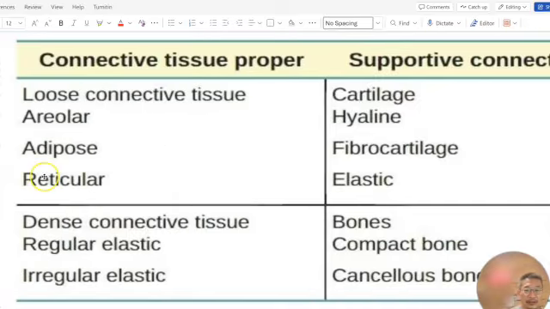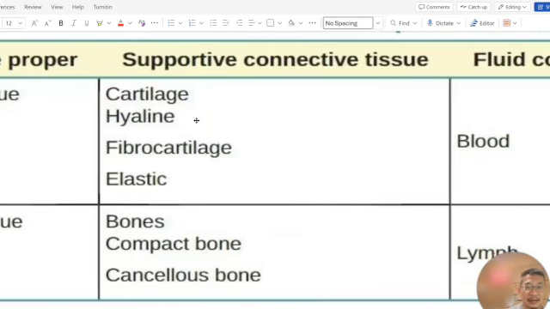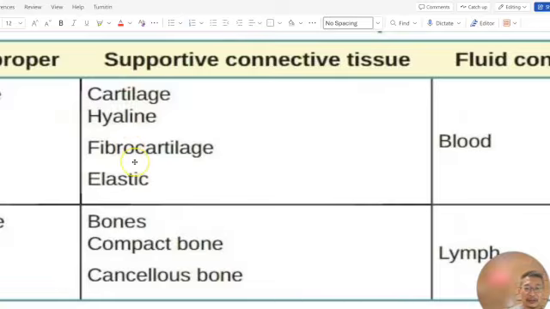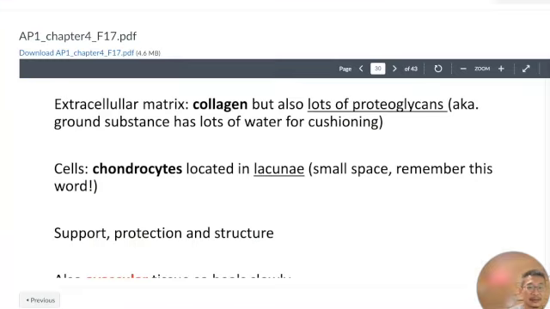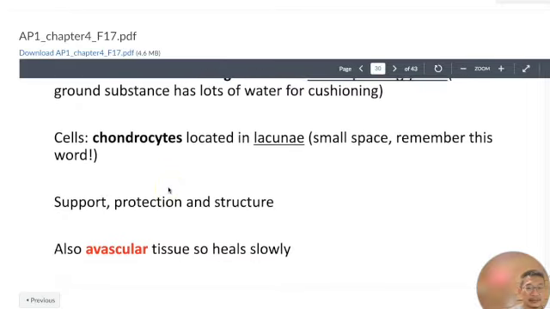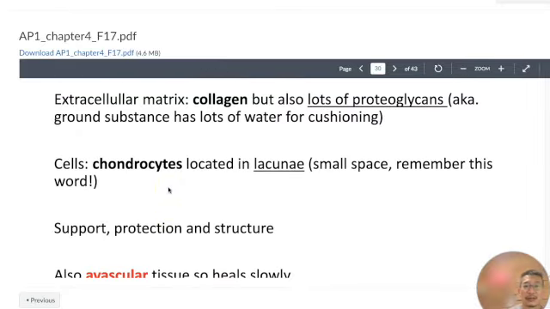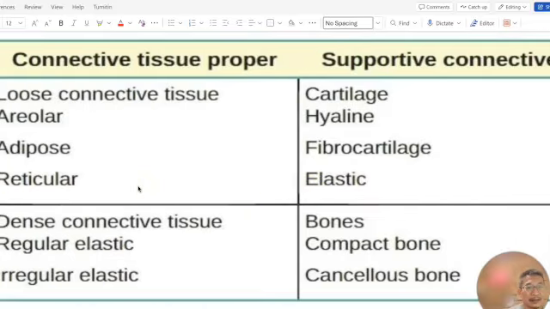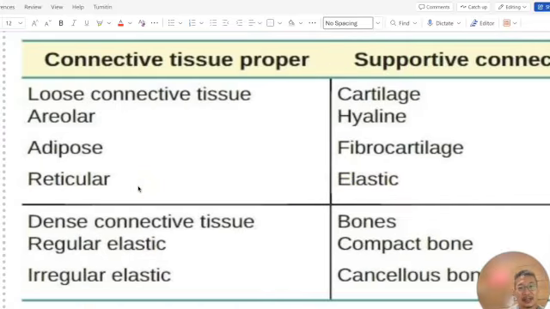Again, the cells of the connective tissue are called fibroblasts, and the cells of the supportive tissue are chondrocytes. With connective tissue, we saw the word fibroblast.